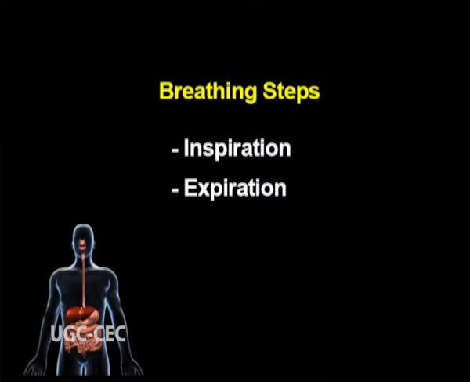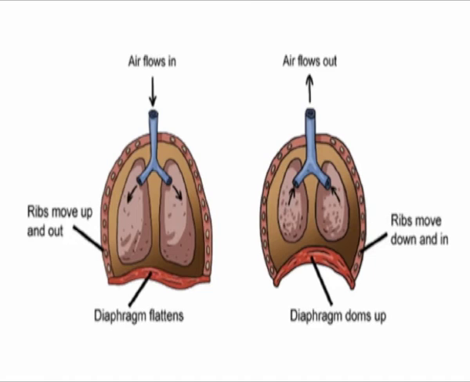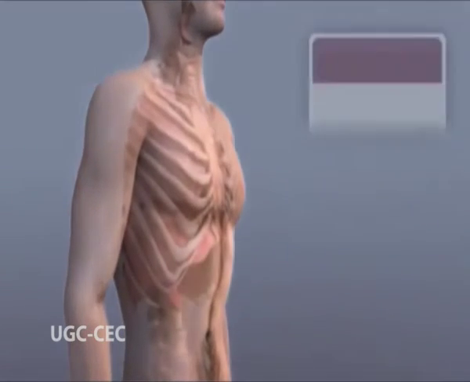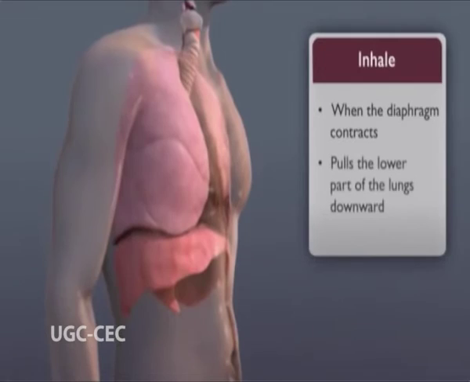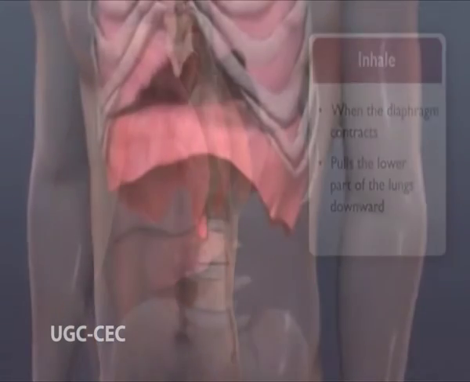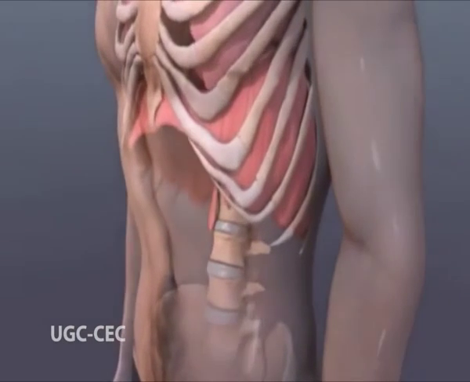Ventilation or breathing is the simple mechanics of breathing in and out. There are two main steps in breathing: inspiration and expiration. Inspiration or inhalation is the process of breathing in air into the lungs. During inspiration, the muscles attached to the ribs on their outer side contract. This causes the ribs to be pulled out, expanding the chest cavity.